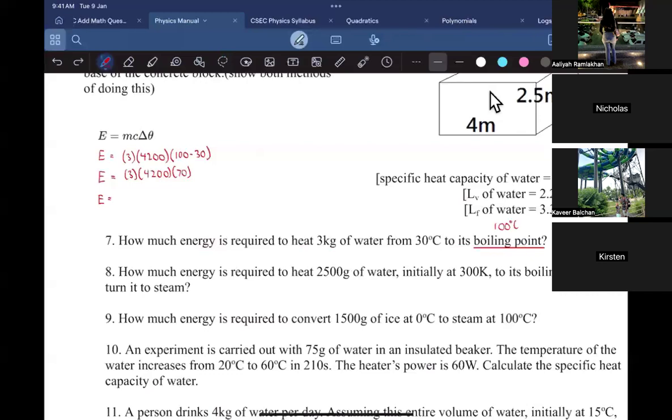And the answer will be in what units? Joules per kg. Tell me, Justin, what does the E stand for?